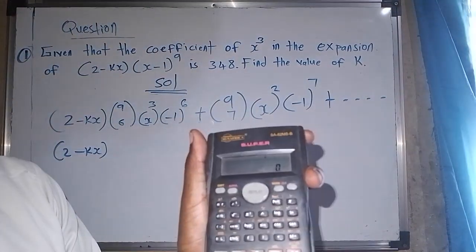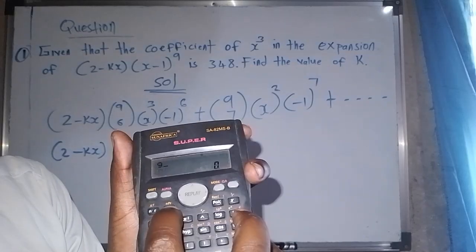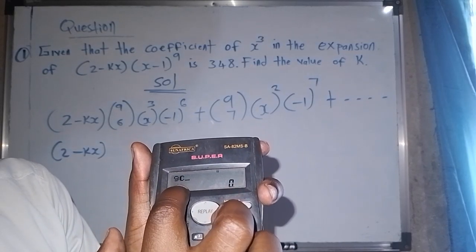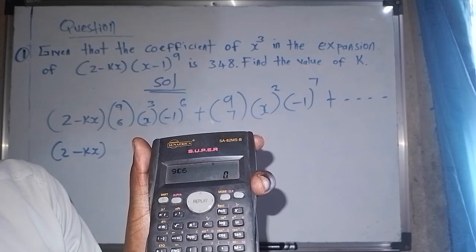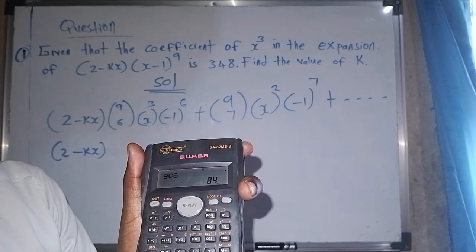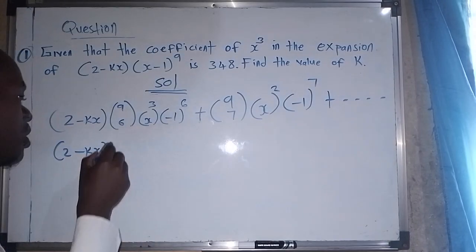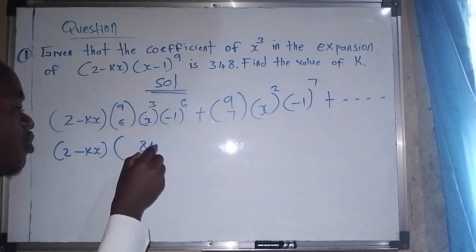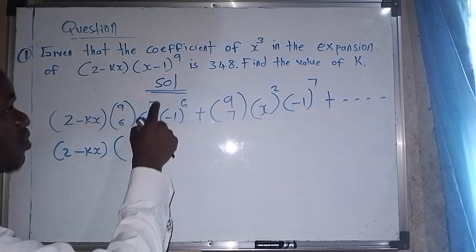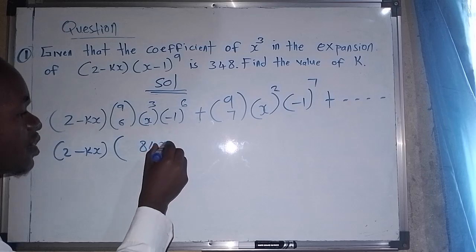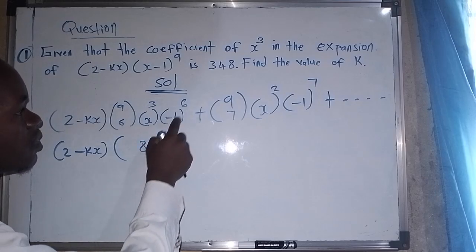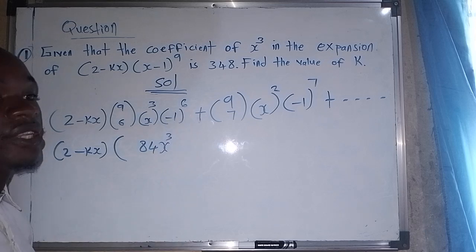We have 9, then the combined symbol, nCr, here, then you put a 6, you get 84. So I'll open the bracket, and there I'll get 84. Then what is x to the power 3? X to the power 3 is x power 3. Then what is negative 1 to the power 6? It is simply 1.